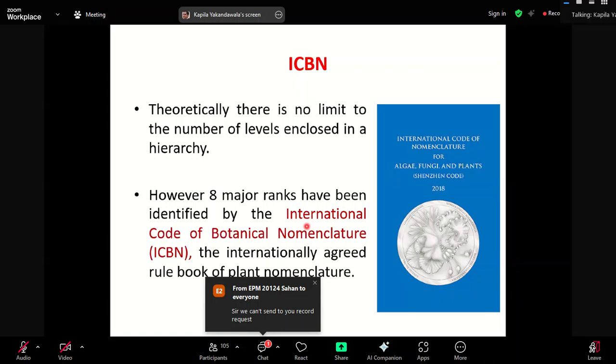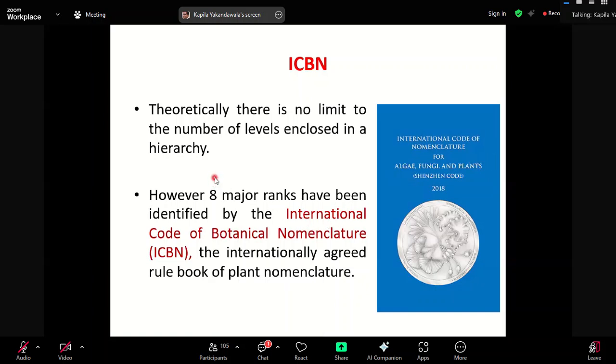Right? So anybody can refer to it. It's available on the web. As an example, you may find a new plant in Sri Lanka today. Another person may find the same plant, maybe in Pakistan, right? But can we give two different names for a single plant, one in Sri Lanka and one in Pakistan?